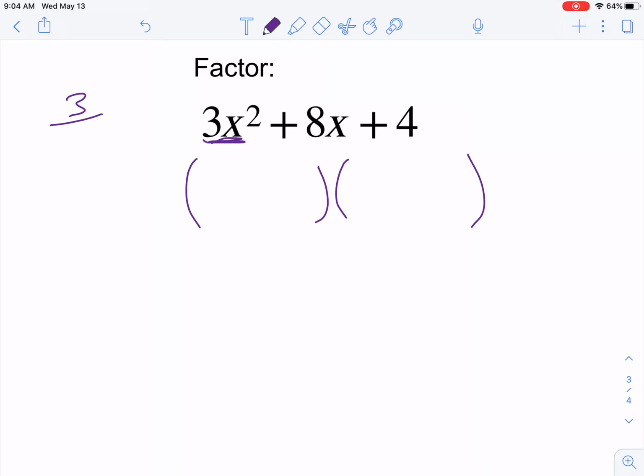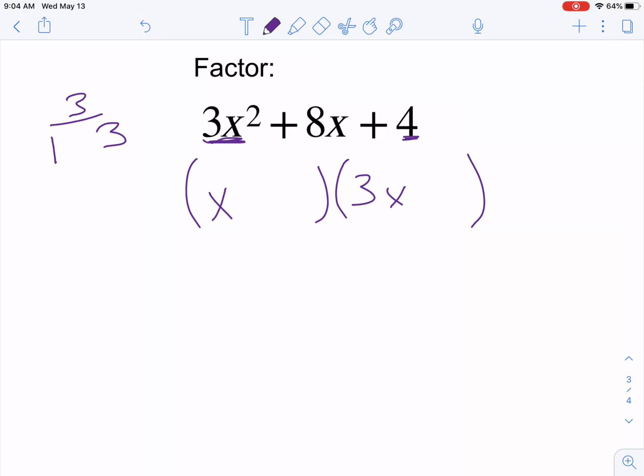Well, luckily 3 is a nice number for us. There's only one option for 3. 1 times 3 is 3, and that is our only option. And so that implies then that one of these has to be x, one of these has to be 3x. And that's our only option there, because x times 3x is 3x squared.